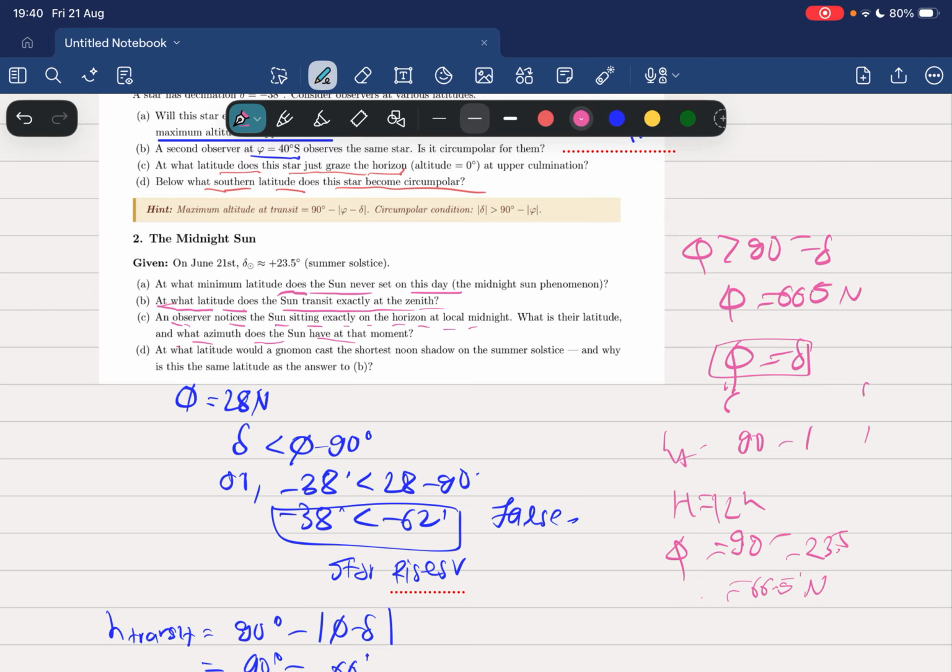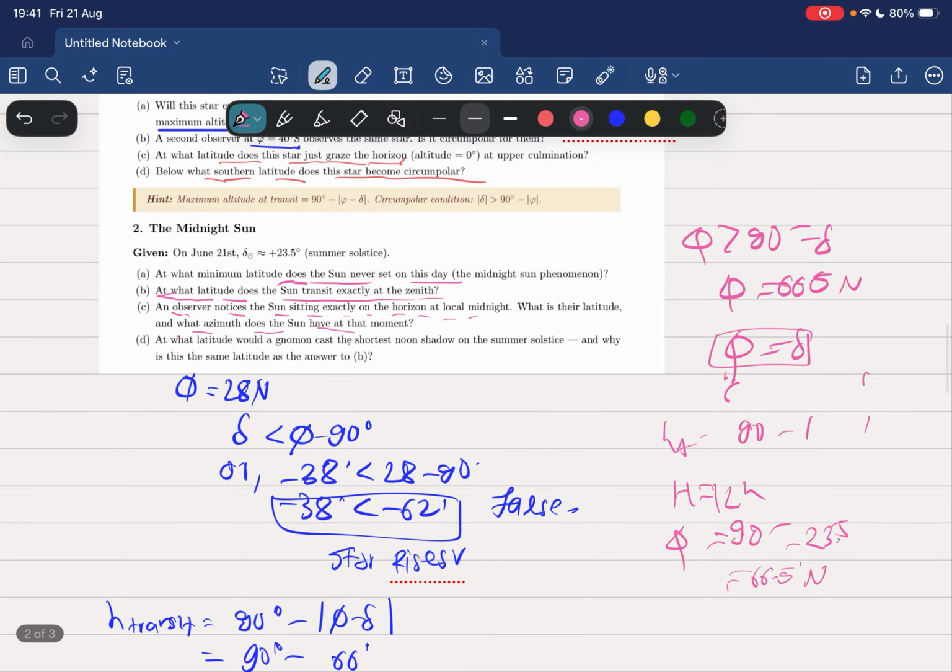The azimuth that the sun has at that given moment, when the observer notices the sun sitting exactly on the horizon at local midnight, must be null because a circumpolar object is at its lowest point in the sky, which sits due north.